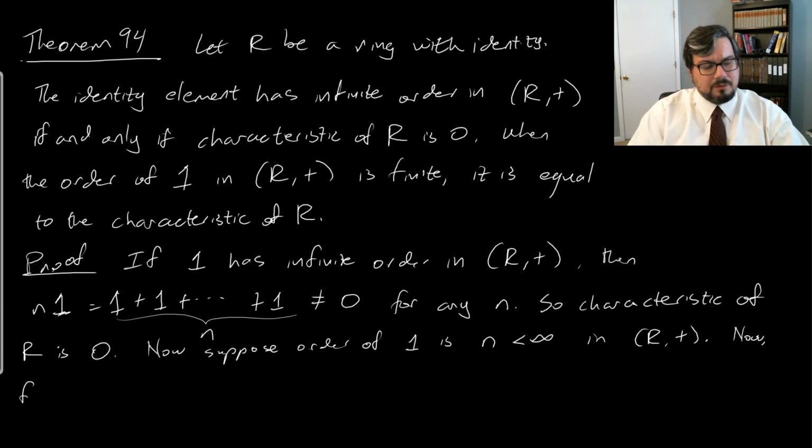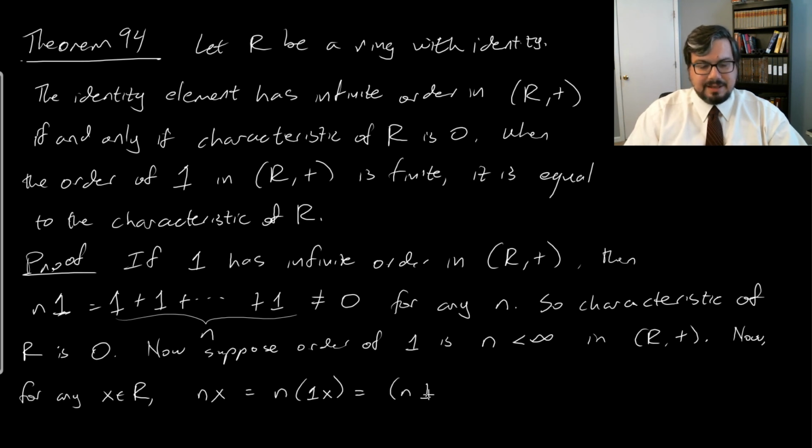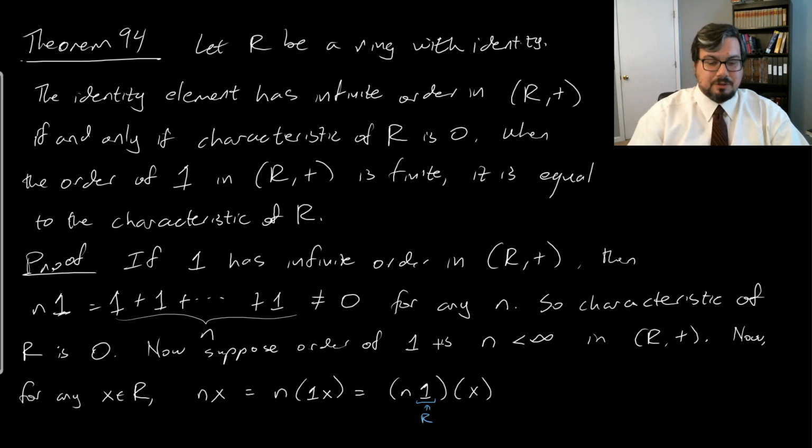So now, for any x in R, we have that n times x is certainly equal to n times 1x, because x is equal to 1 times x. 1 is the identity. But this is equal to n times 1 times x. Here, this 1 is still a ring element. This is still an element of the ring R.